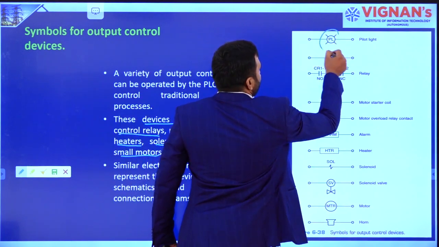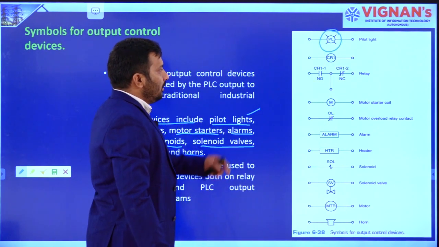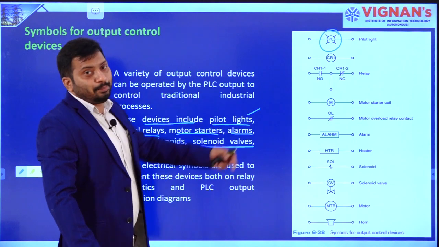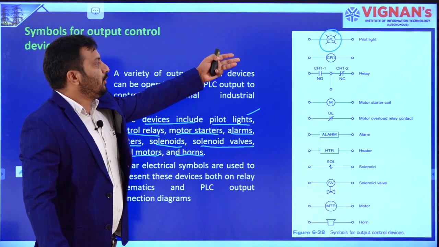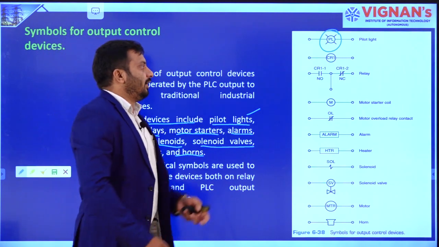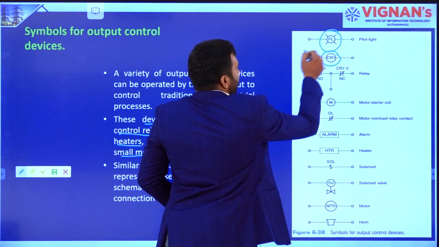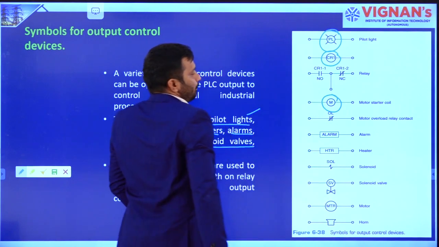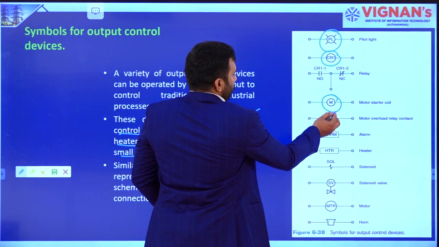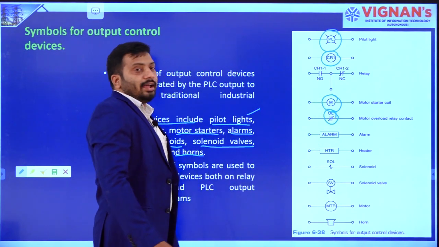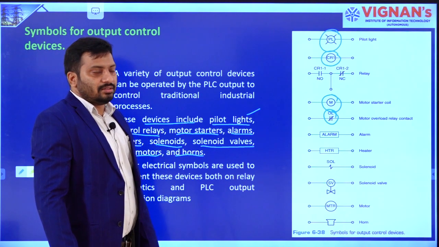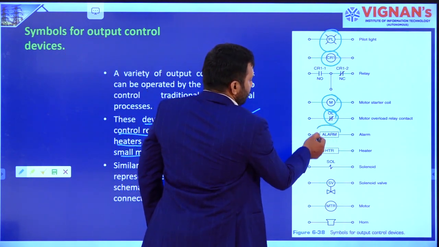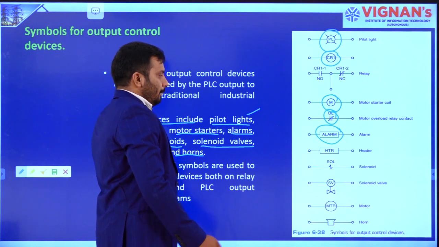This is the symbol for the pilot light, right. We saw the picture in the previous slide; in this slide you can see the symbol of the pilot light. This is the control relay symbol, right. This one is the motor symbol. This is the overload relay control signal, right. This is the alarm signal, right.